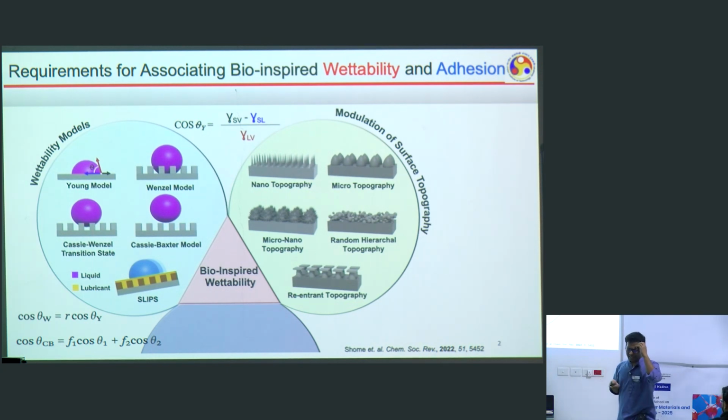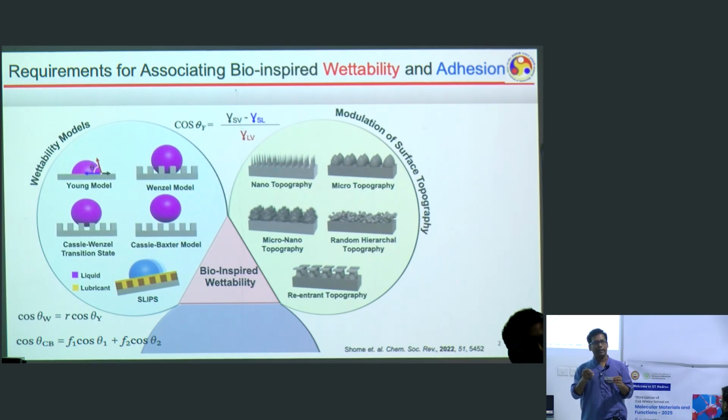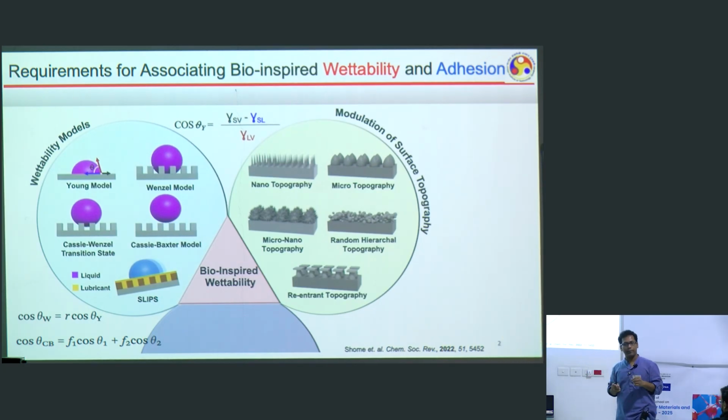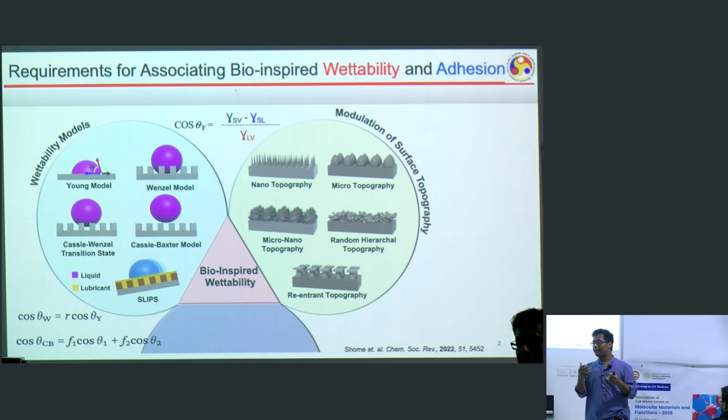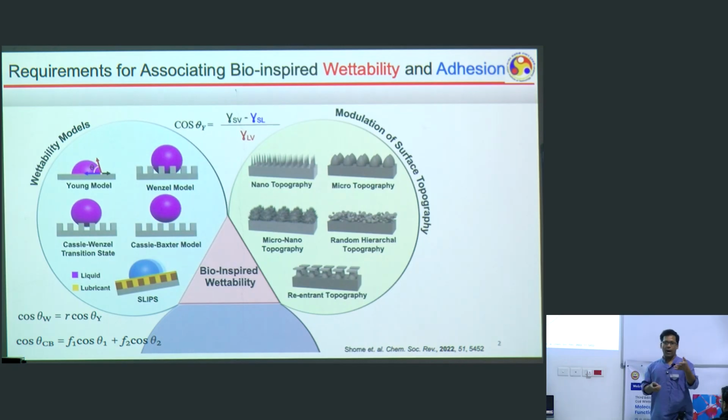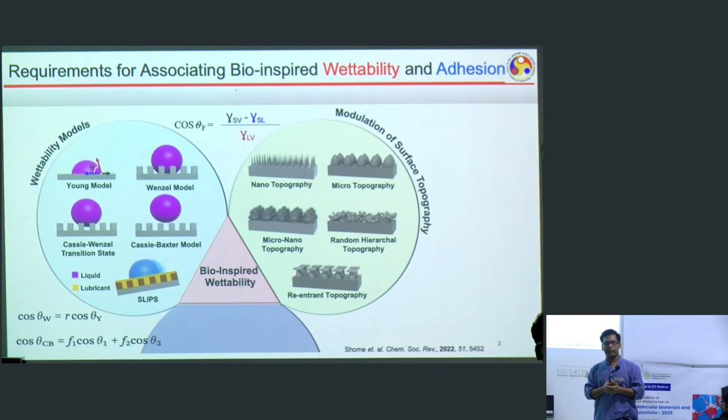This particular topic started taking shape from the late 19th century, basically when the electron microscope became available to many research labs. People could easily look at the naturally existing interfaces and their topography, and then found a way to mimic them. All these living objects have their top surface decorated with wax and waxy-type molecules. So if you decorate with low surface free energy or waxy-type molecules, you can achieve artificial superhydrophobicity.